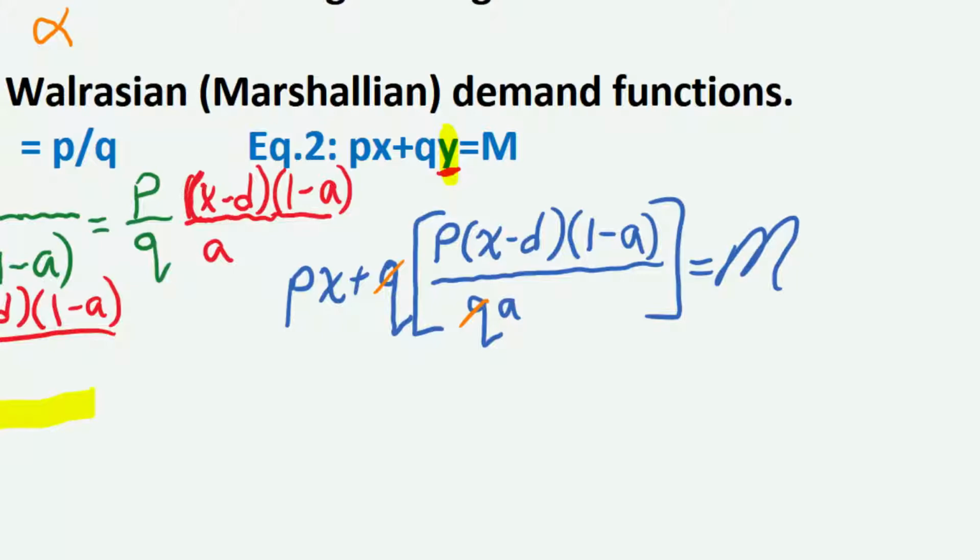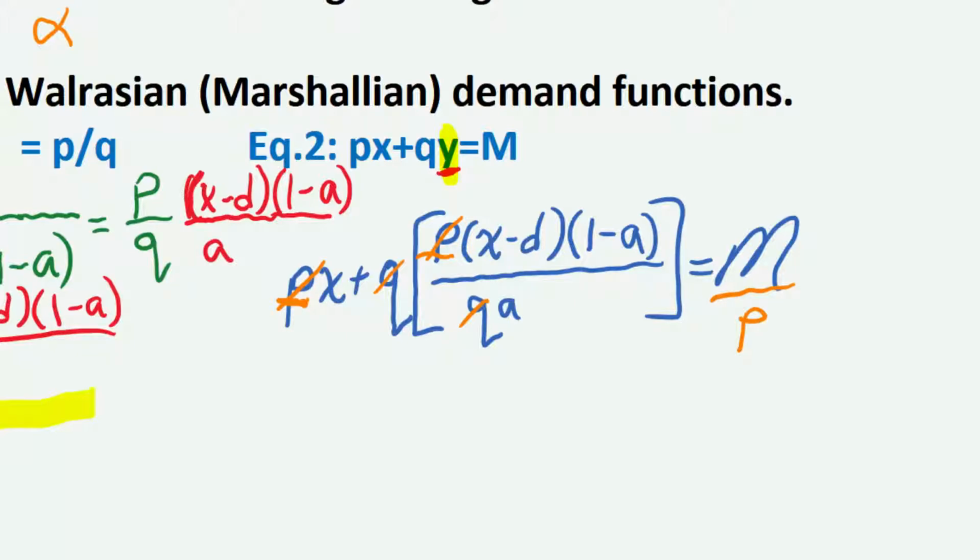Another thing we can see is that there's a p here in a numerator, and there's a p multiplied times everything else over on this side. So since that p is multiplied by everything on this side and everything in this other part that's added to it, we can just divide both sides of this equation by p and cancel that. So we're going to cancel that p, and we're going to divide m by p over there, divide our budget by p.